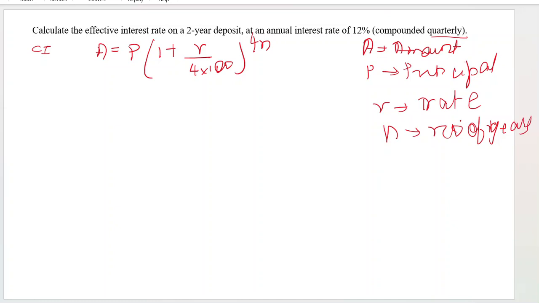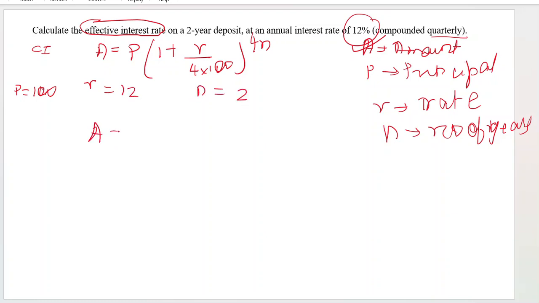Now, if you look carefully, amount is something which we'll find. The principal is not given. And in such problems in which we have to find the effective interest rate, we take the principal as 100. Whenever we have to find effective interest rate, we take the principal as 100. The rate R is of course given as 12 and n is given as 2.